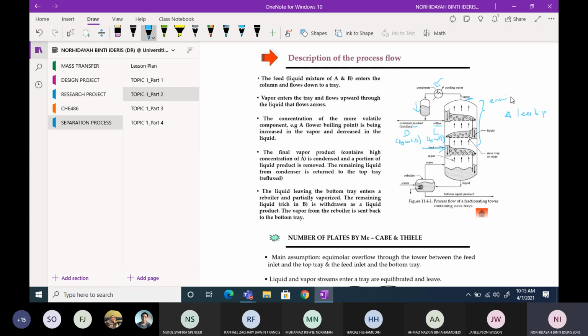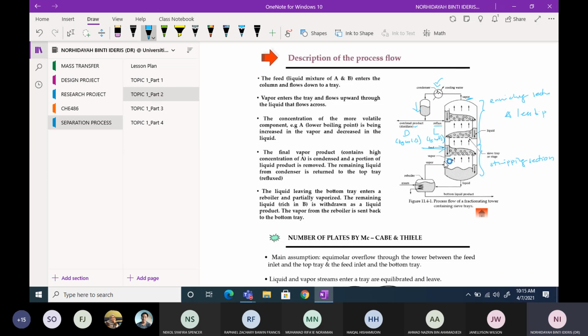The section from the top until the feed, we call the enriching section. This enriching section covers the condenser and the reflux. Now for the lower part of the column, we label it as the stripping section.